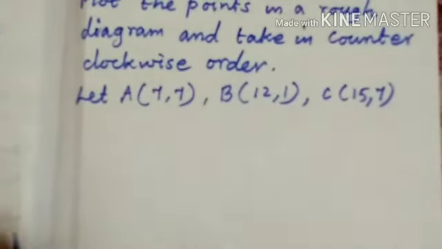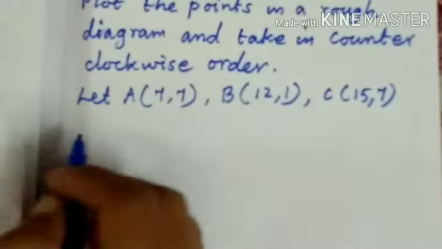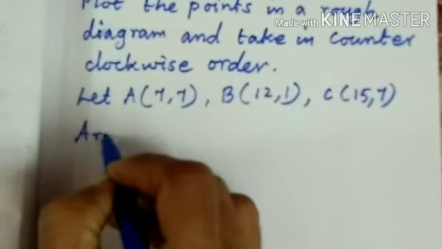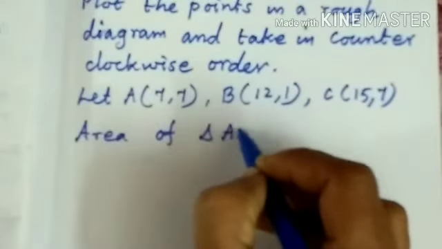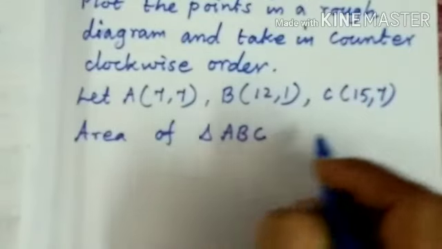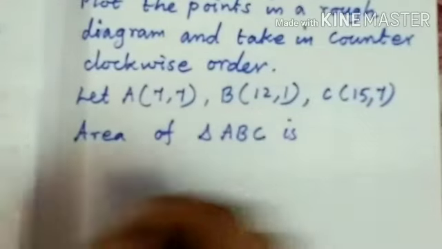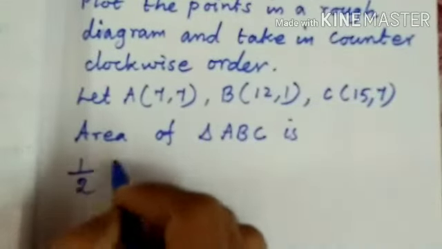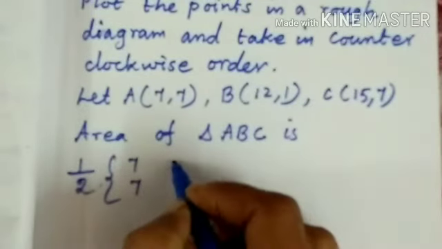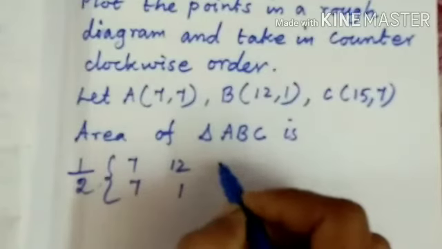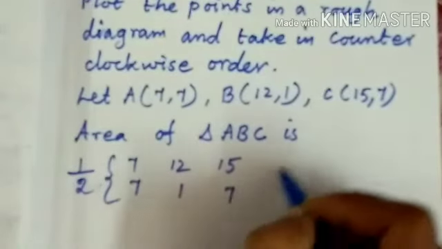Now, we have to find the area of triangle ABC. Area of triangle ABC is half into the matrix A (7, 7), B (12, 1), C (15, 7). Again you write A (7, 7).